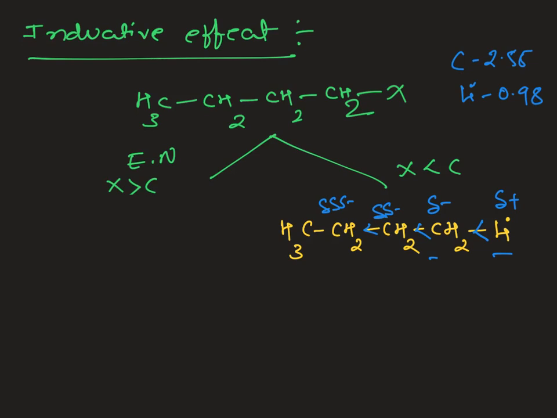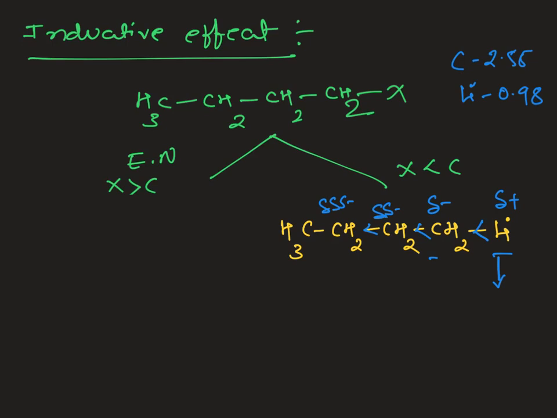Here the magnitude of negative charge, carbon 1 is having greater than 2 and 3, and whatever the partial charge is there, as the chain length increases, the magnitude of the charge decreases, whether it is positive or negative. And here whatever the lithium atom, we call it a plus I group, or this effect is called plus I effect.